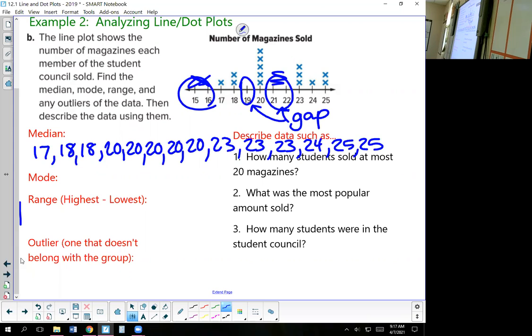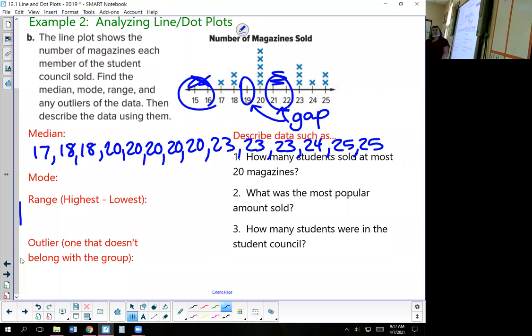Now, I know some of you are going to want to start crossing the X's out up there. If you do that, you're probably going to make a mistake. Would that be the easiest way? Yes. But you have to know which way to go, like how you go up and down. So don't just do it this way, okay? So what's the middle number here? I'm going to take a guess, it's probably 20.